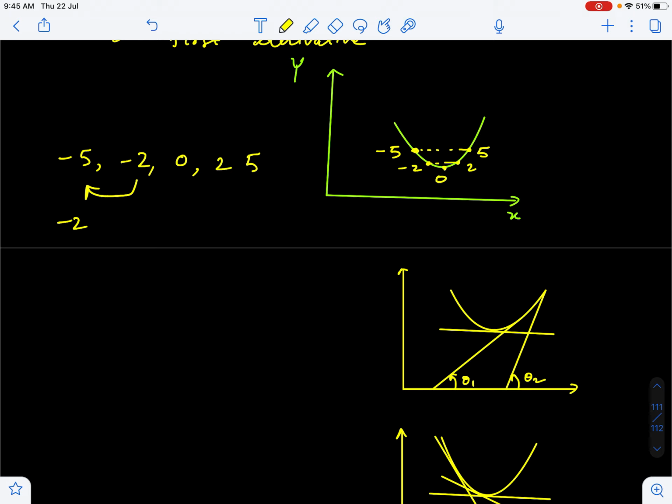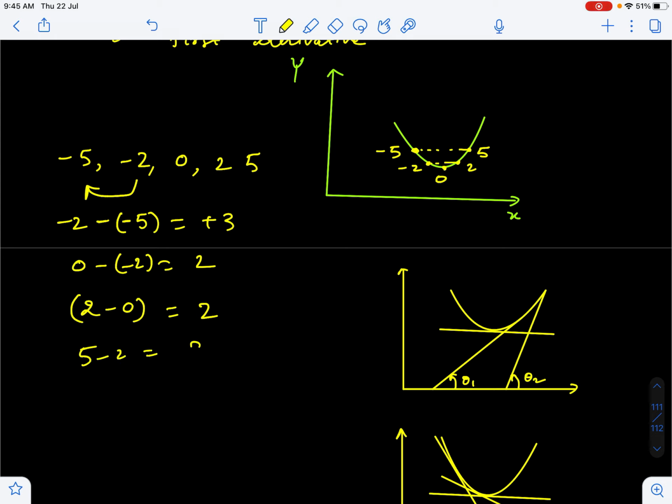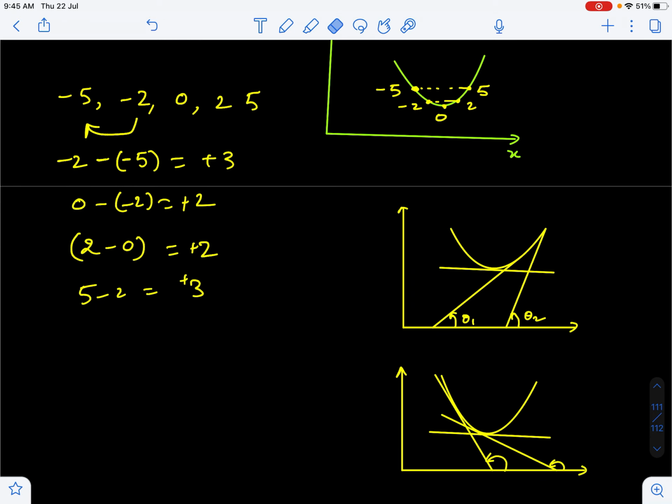Now the change is final minus initial: minus 2 minus of minus 5 will be plus 3. 0 minus of minus 2 is 2. 2 minus 0 is 2, and 5 minus 2 is 3. So the change in slope, or rate of change of slope, is always positive.